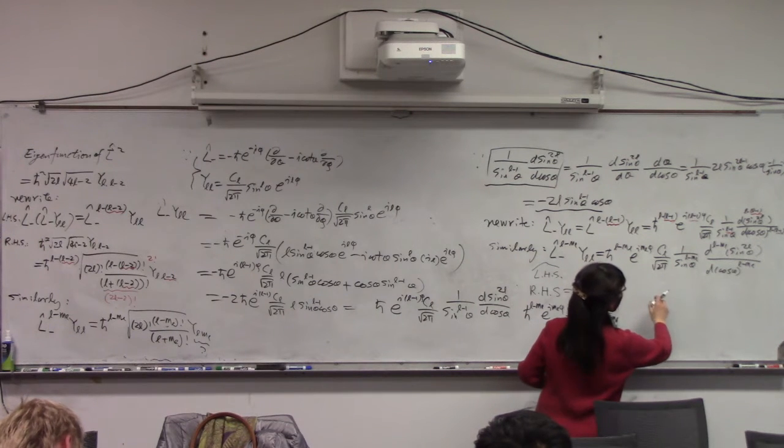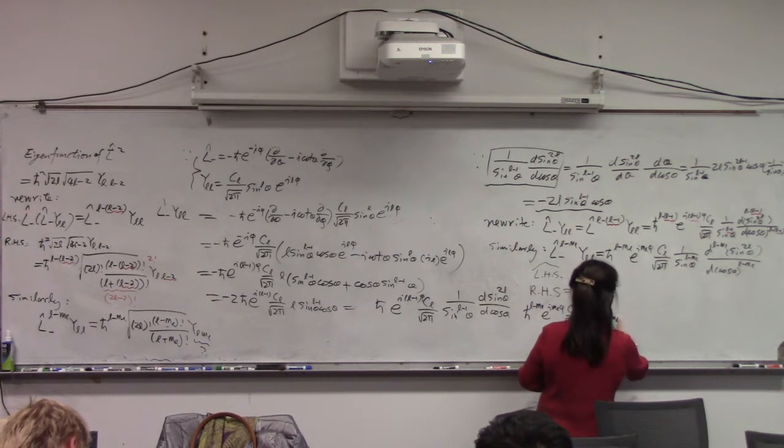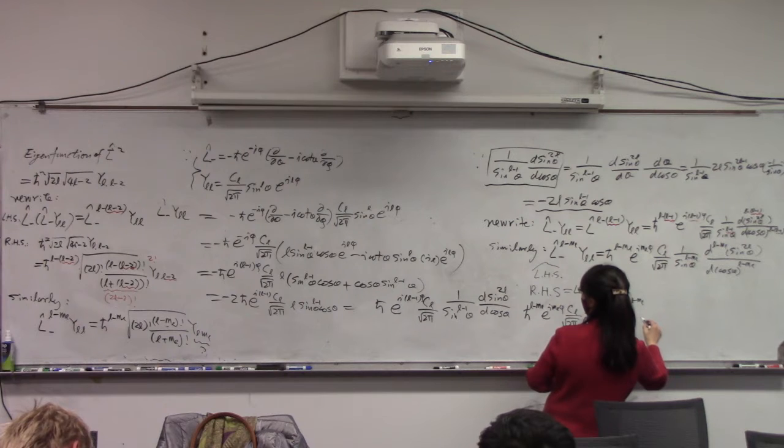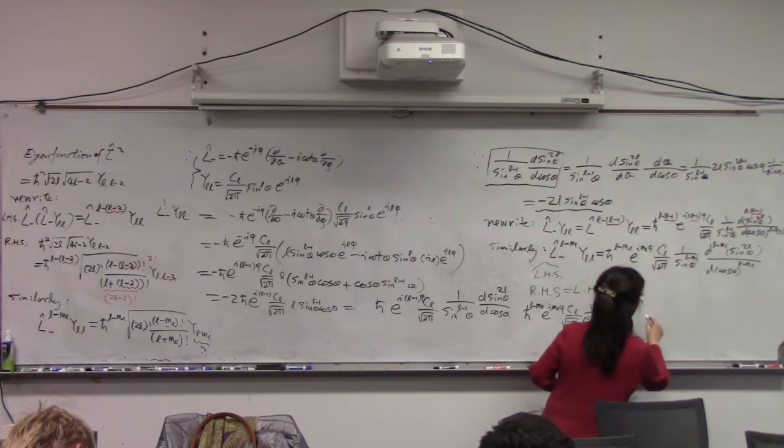Otherwise, it sometimes is constant. Okay, so d L minus ML. Okay, yeah, this is the left-hand side.